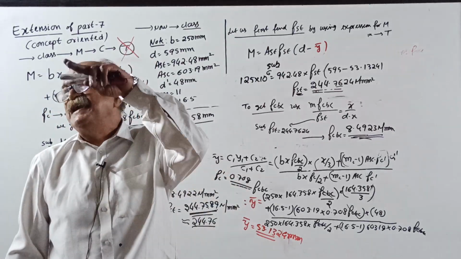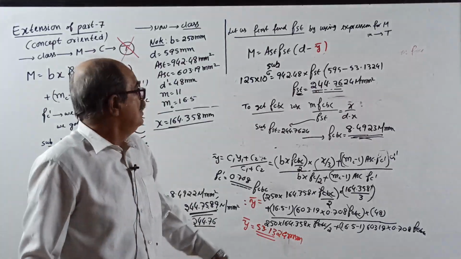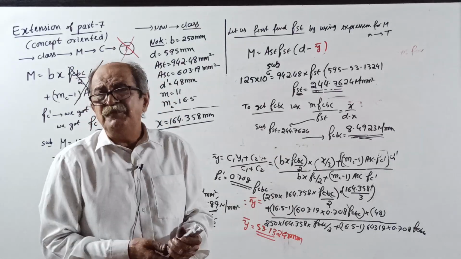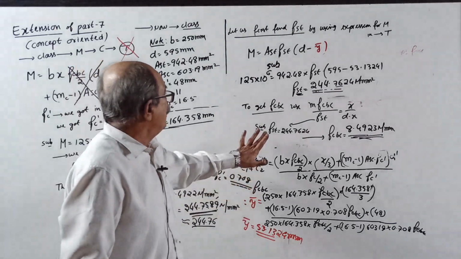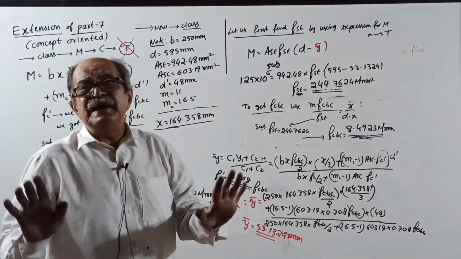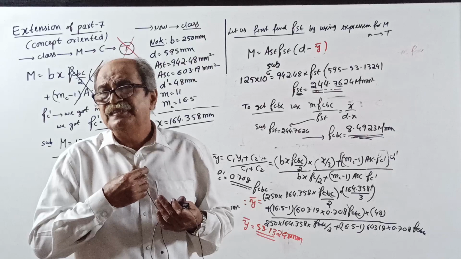They will say the tension side equation is not there. It is there, but lengthy, no doubt. Depending on time availability, I first thought I would do both, but it took a little time. Therefore, I will conclude now. And this is a concept-oriented class for those who are interested in knowing the basic concepts.